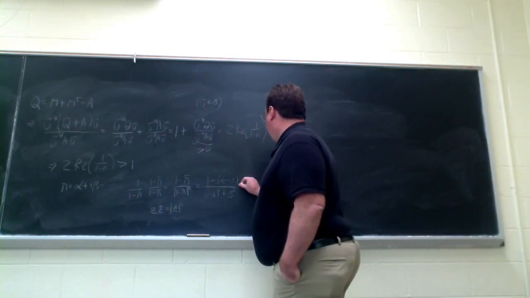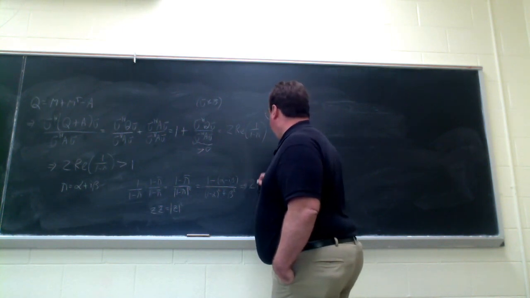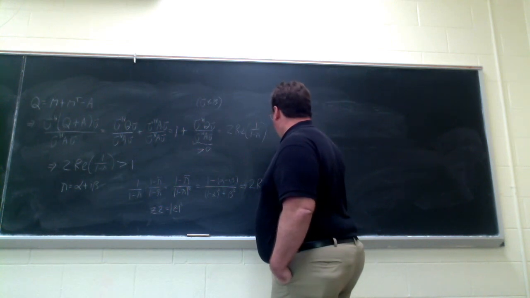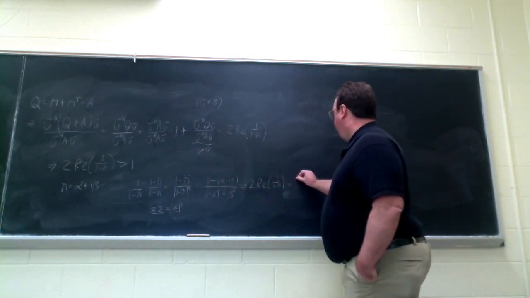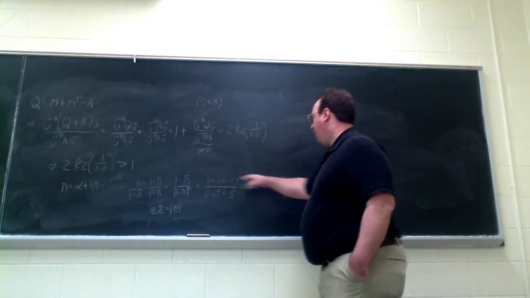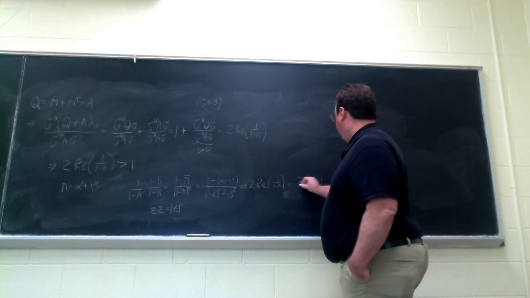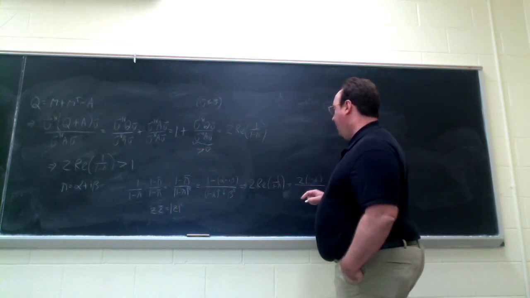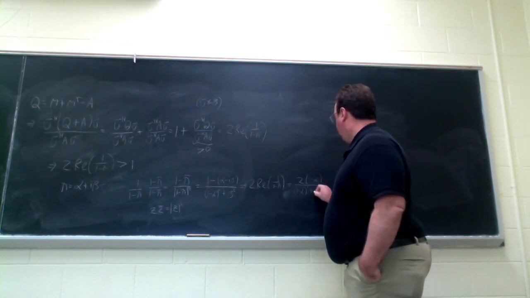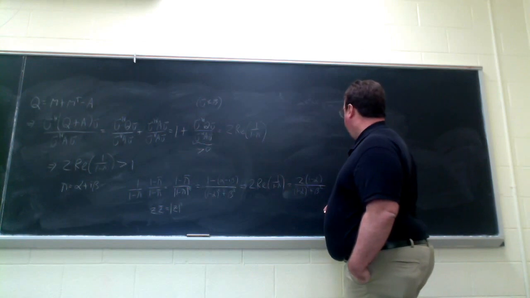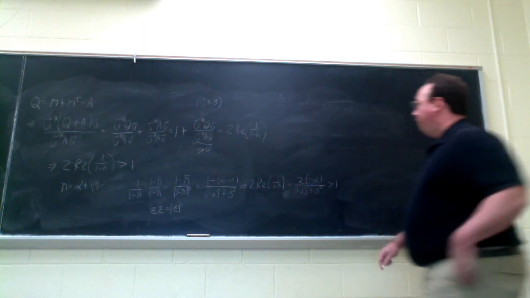So that means that twice the real part of 1 over 1 minus lambda is going to be twice the real part of this. So I have 2 times 1 minus alpha over all this. And we know that this is greater than 1.